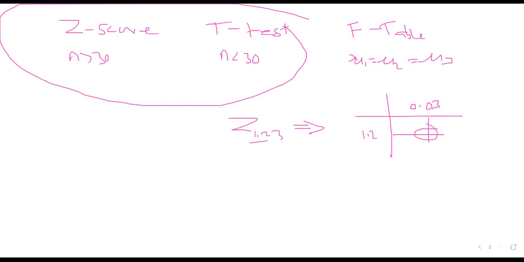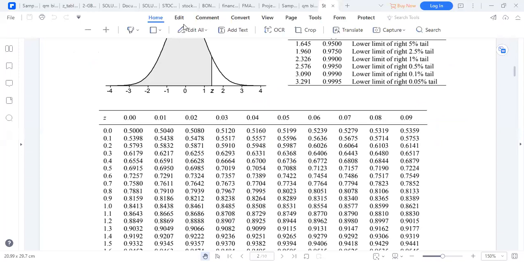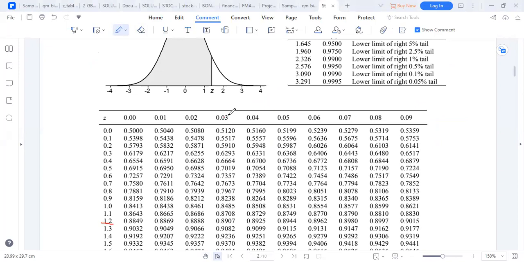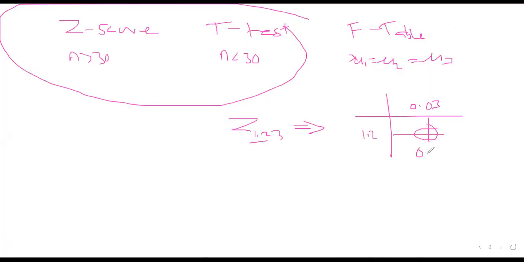So 1.2 and 0.03, they're meeting at 0.8907. So that is the reading, 0.8907.